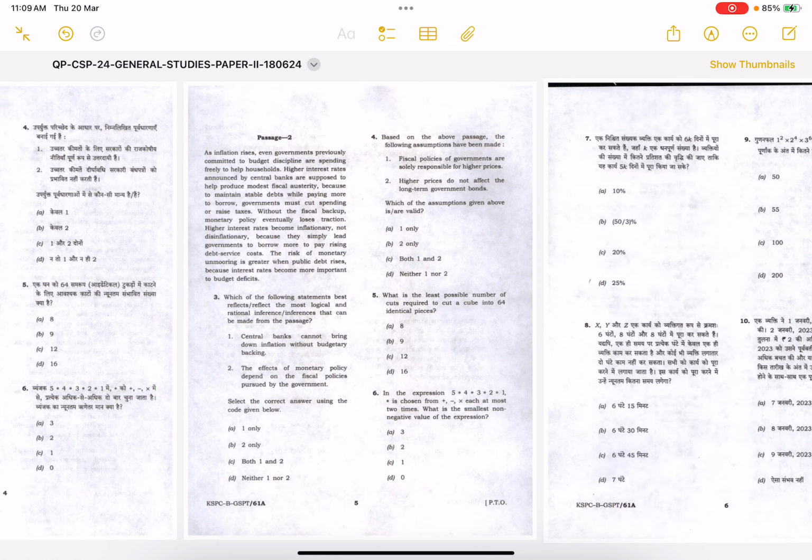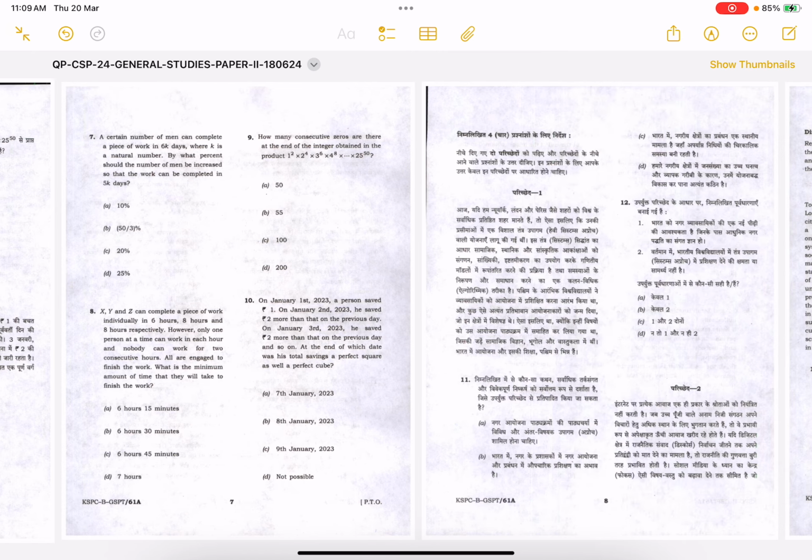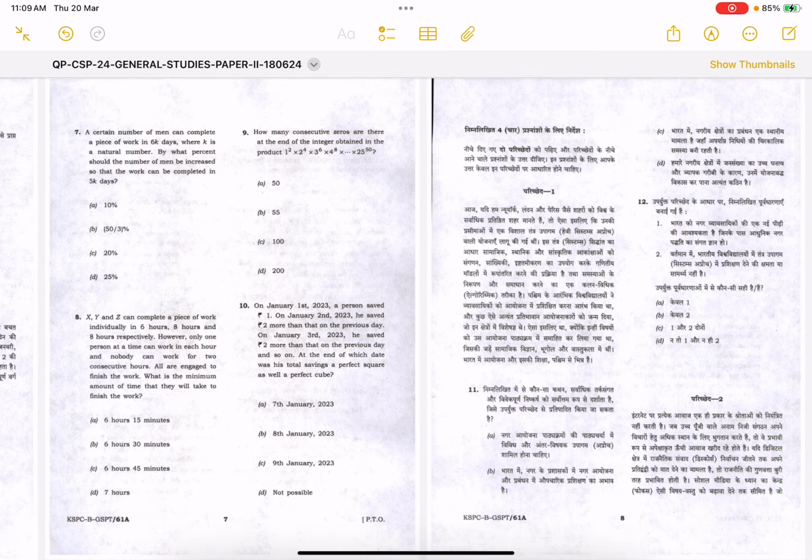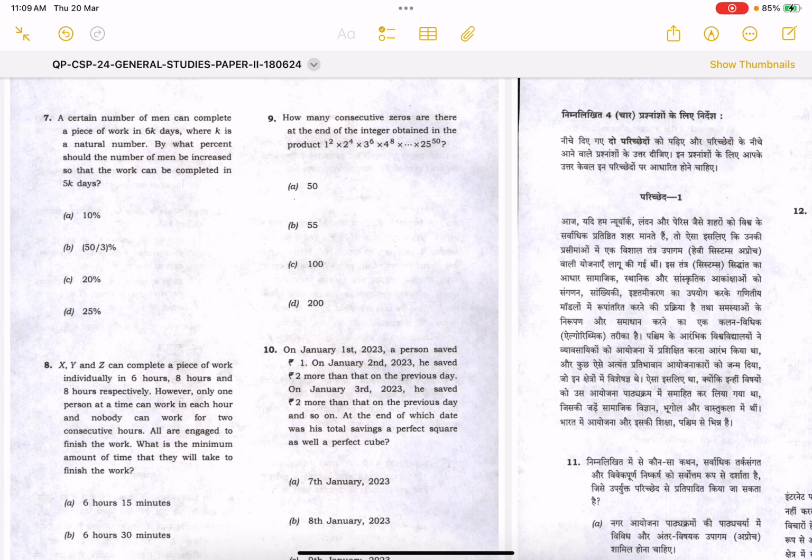Take out question number 9. Okay, read this question and try to solve it yourself.